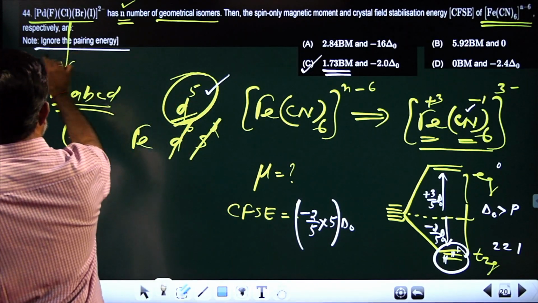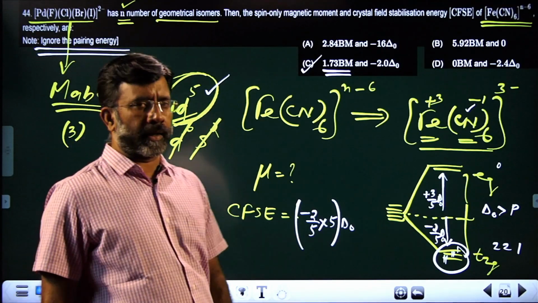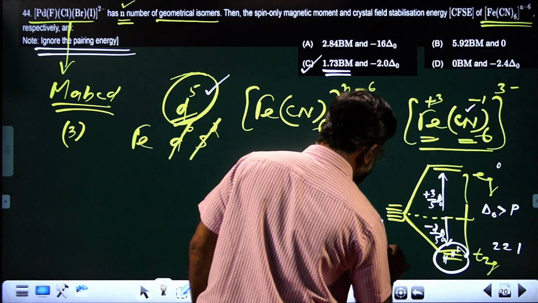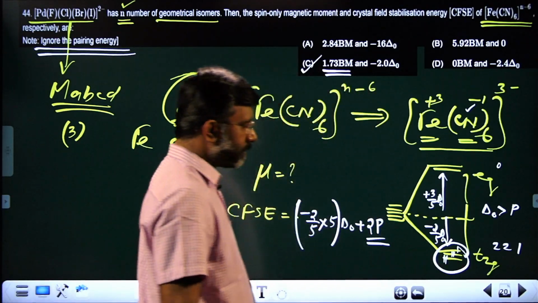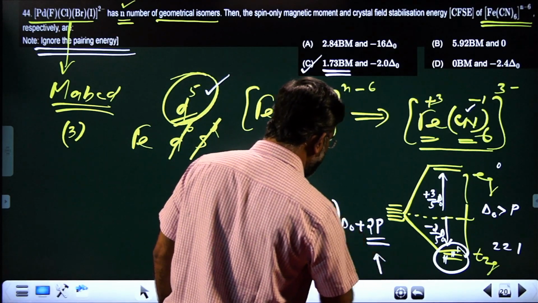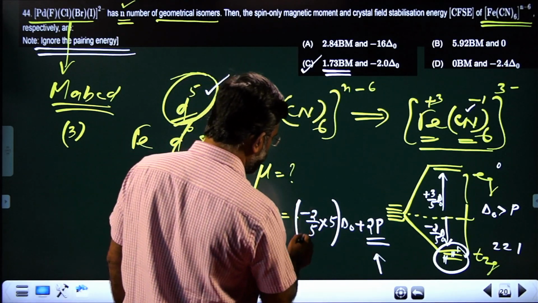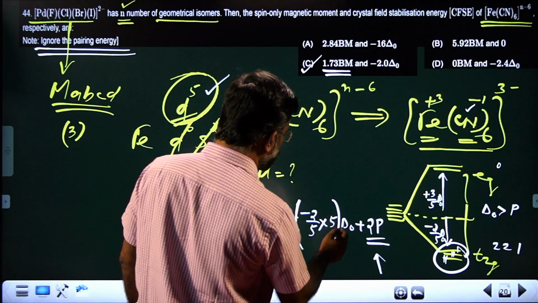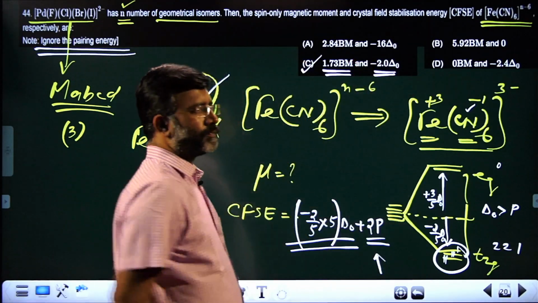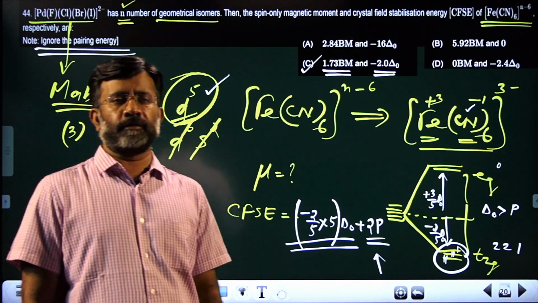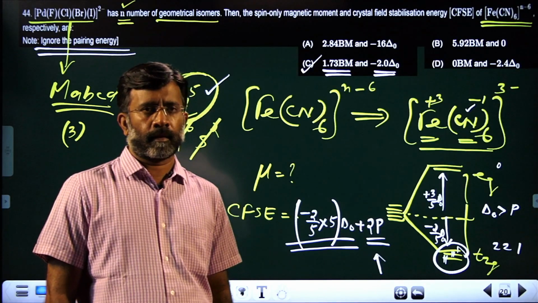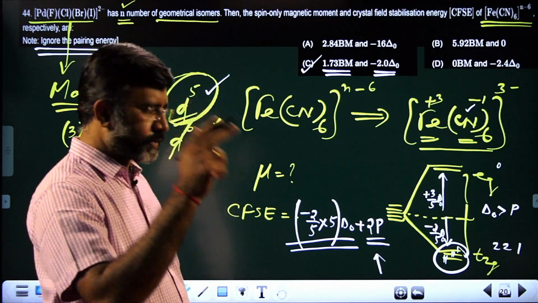Ignore pairing energy. Actually, it has to be plus 2P, as there are 2 paired electrons, but you can ignore this. So it is minus 2 by 5 into 5, that is minus 2 delta O. That is the crystal field stabilization energy. I think it's clear. Next.